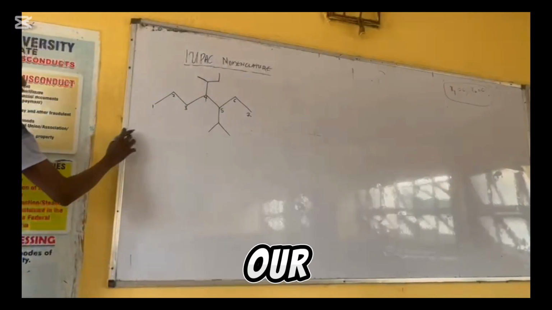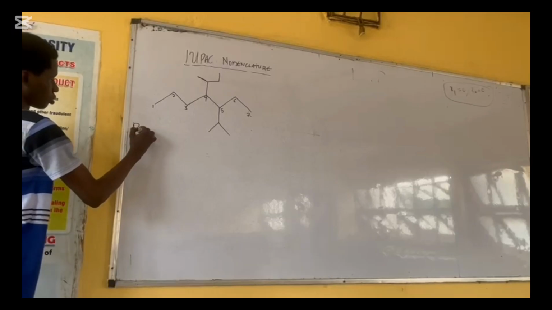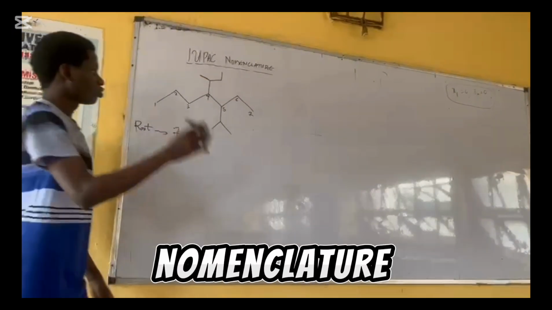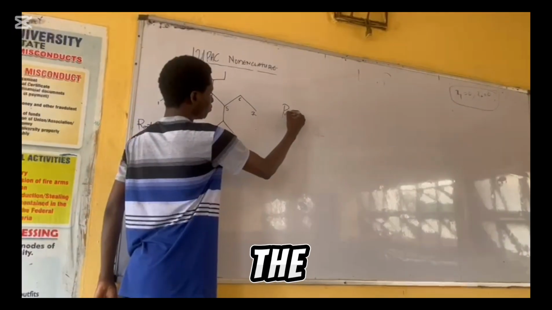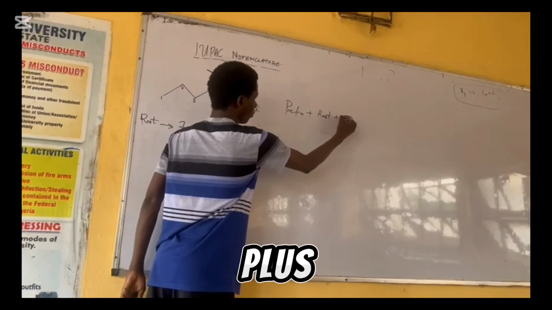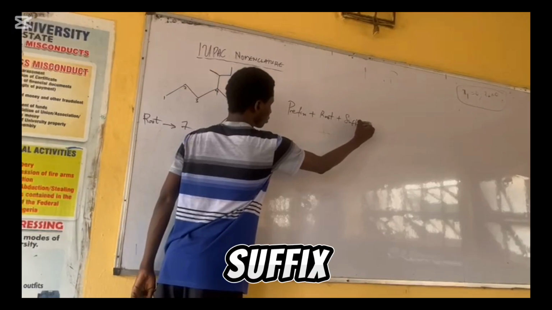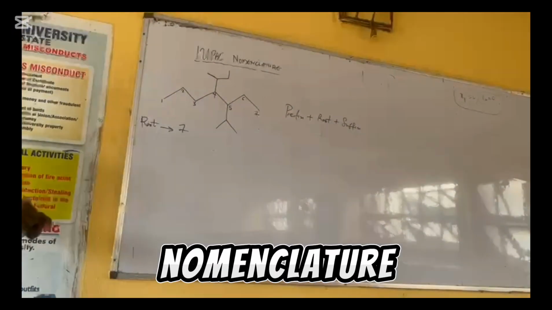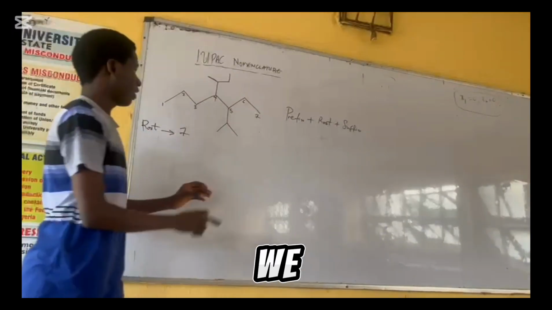Hence, you can say that our root will be what? 7. When we say root, in organic nomenclature, we have to do something called the prefix plus the root plus the suffix. These three make up the organic nomenclature, the aliphatic nomenclature. Hence, we have to get our root.